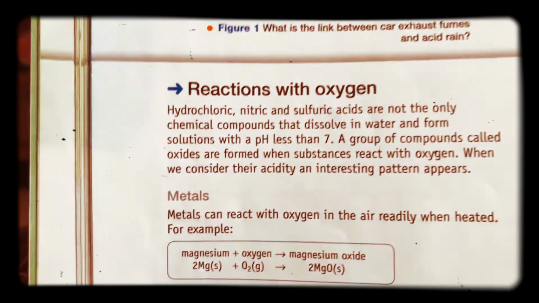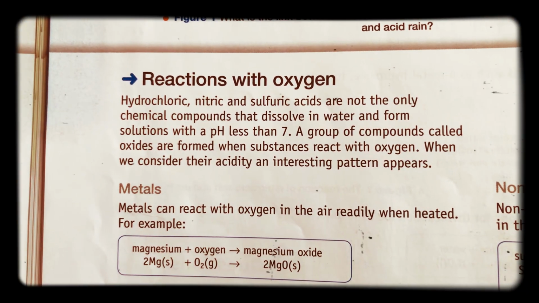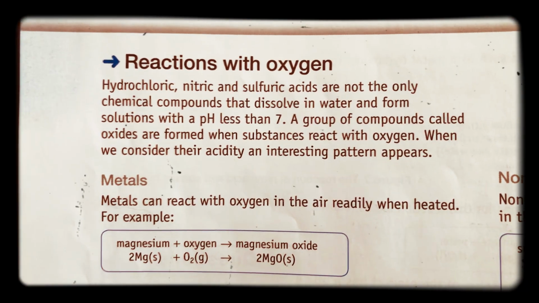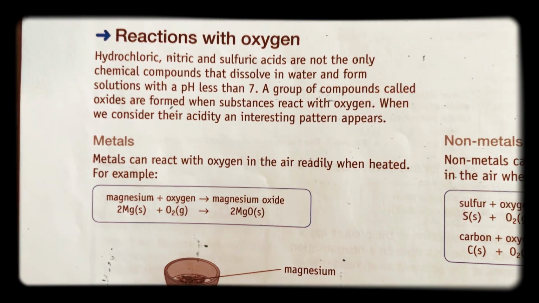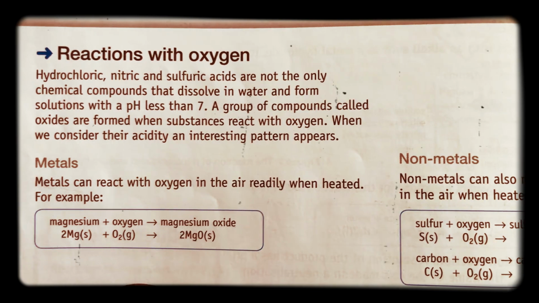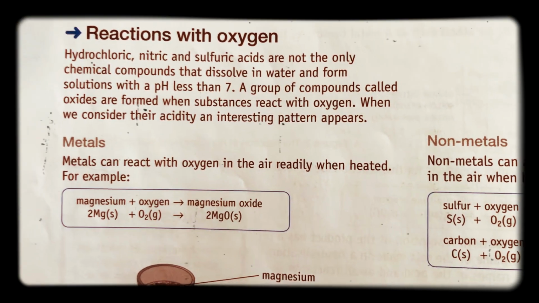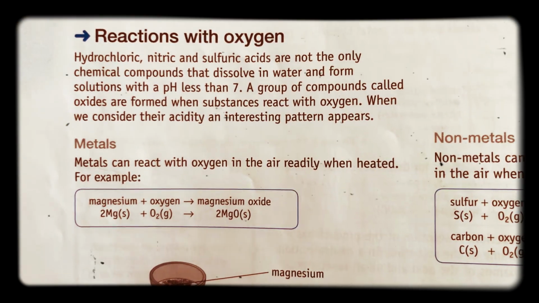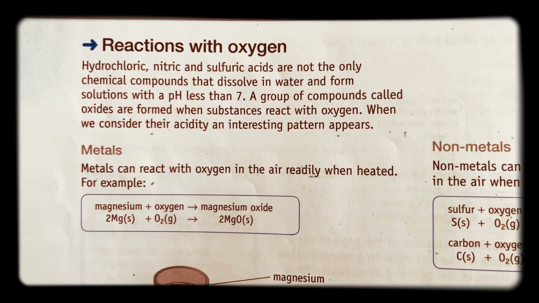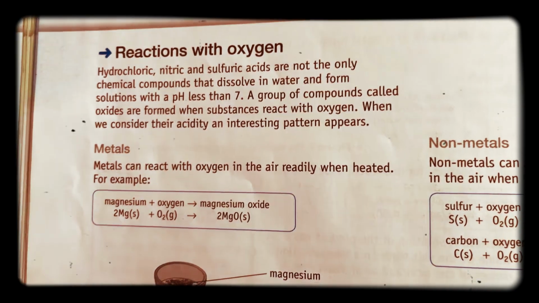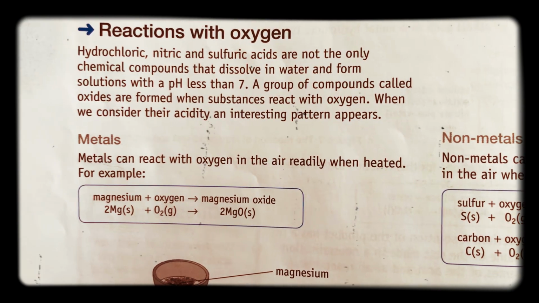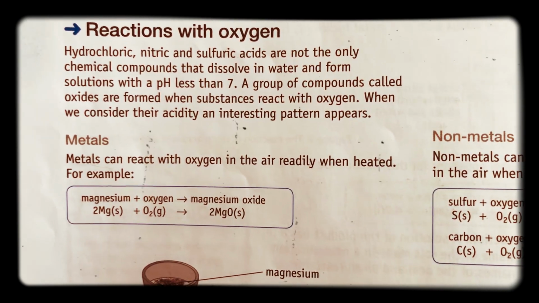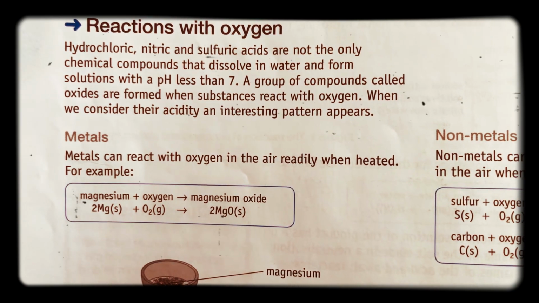So, just a quick summary of the different themes. The first thing that we're going to look at are the reactions of oxygen with elements. So not only are hydrochloric acid, nitric acid and sulfuric acid the chemical compounds that we know form solutions with a pH that's less than 7, we also have oxides that can form.